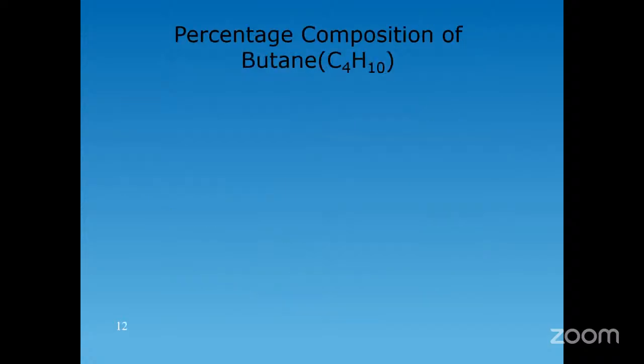All right, so just to illustrate how we do that, let's look at this compound butane. The formula is given, and you're asked to find the percentage of each element present. The first thing I would do is find the molar mass.